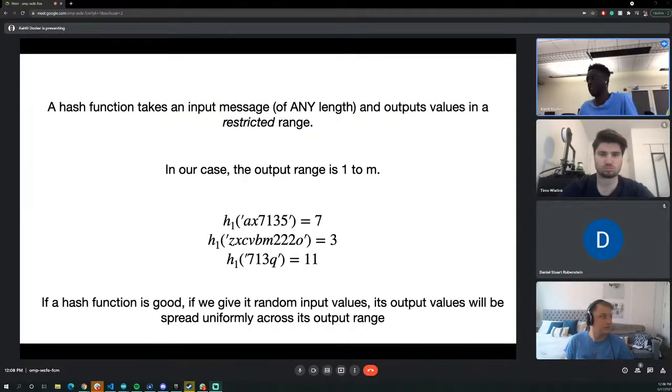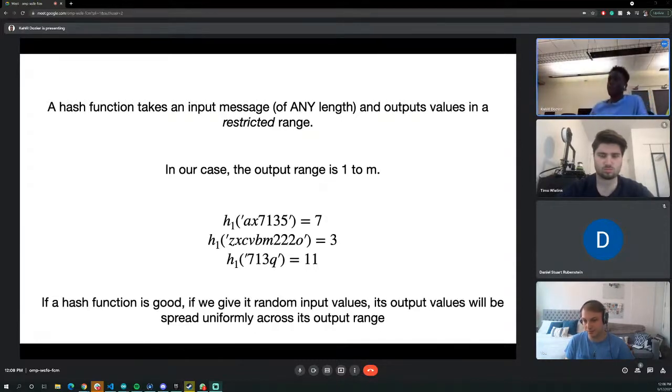If it's size M, it outputs a value in the range 1 to M. I've drawn some examples here. We get a message AX7135, and we apply a hash function to it. It outputs 7. Another message might output 3. Another might output 11. So that's the basic idea of a hash function.